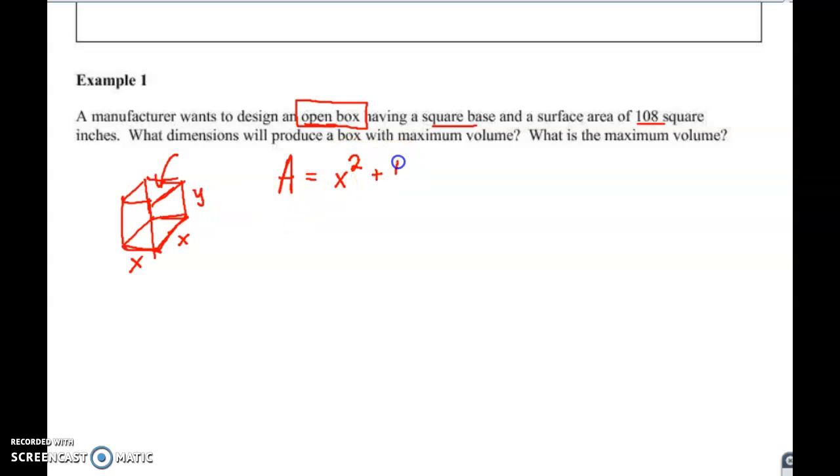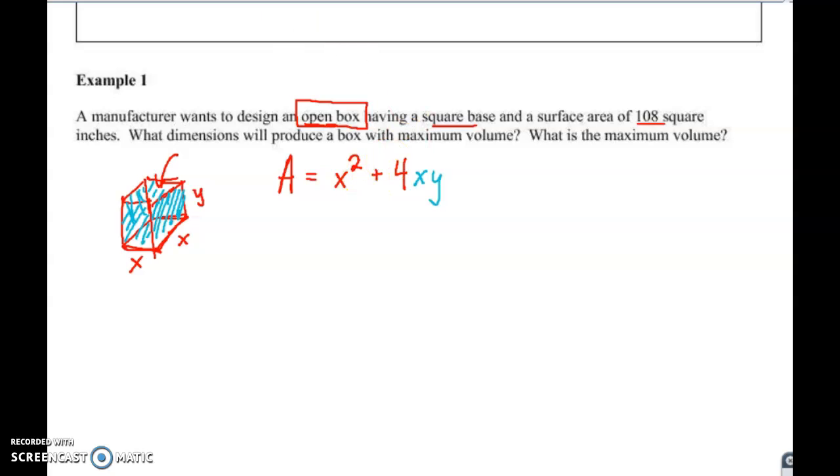And then we have 4 side lengths, and maybe I'll highlight, here's one of them that has an area of x times y. But there's 4 of them because this is also x times y, this side is x times y, and then the back. And typically for surface area we would have 2 of the bases, but it's an open box, so we don't have to worry about the top.